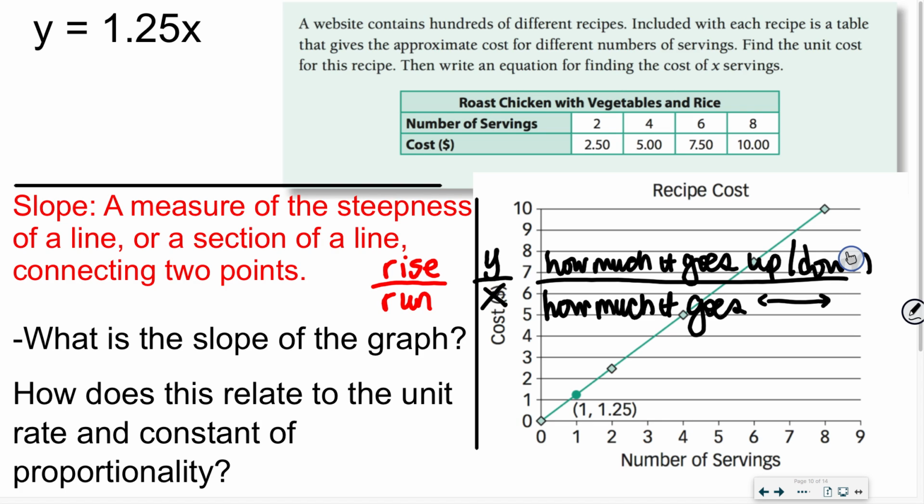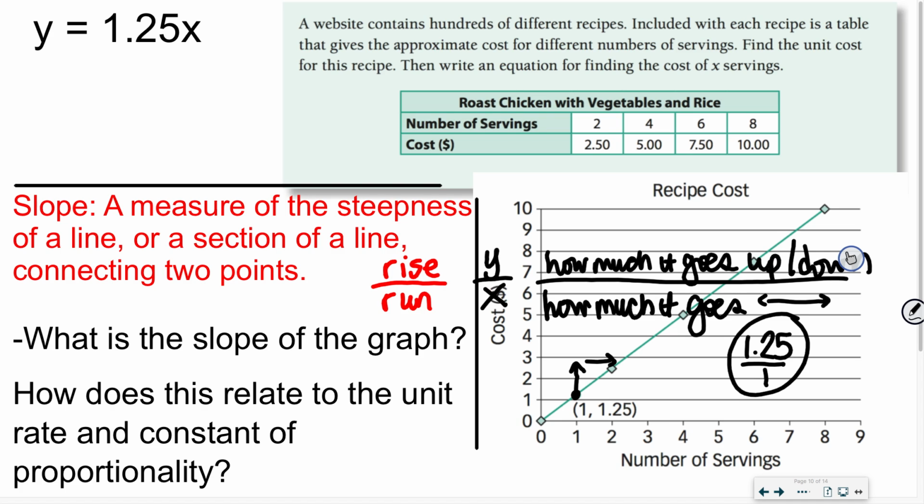Between the 2 points. And then up. Okay, so we're going up. How much are we going up here? 1.25. And then over one. So our slope is 1.25 over 1.